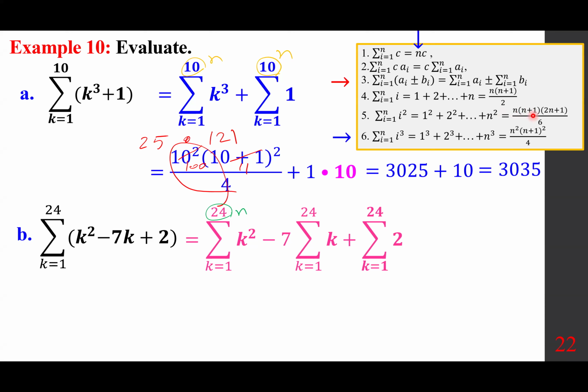So 24 times 24 plus 1 times 2 times 24 plus 1 divided by 6. That's this part. Minus 7, summation of k, we're going to use summation of I, n, which is 24, times 24 plus 1 divided by 2. Of course, we have a negative 7 in front. And this one, we use n times c, 24.